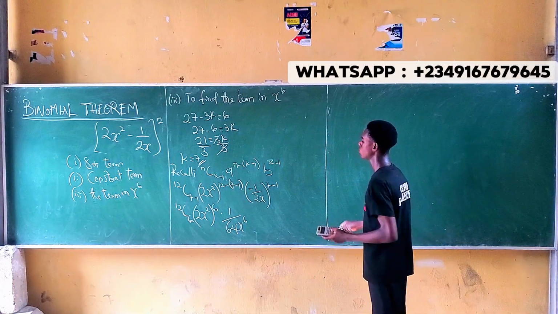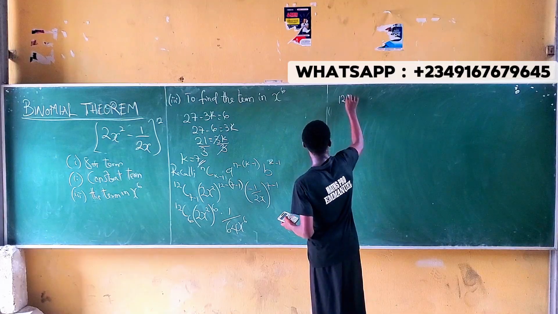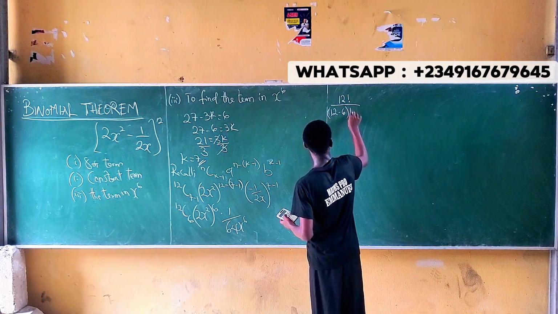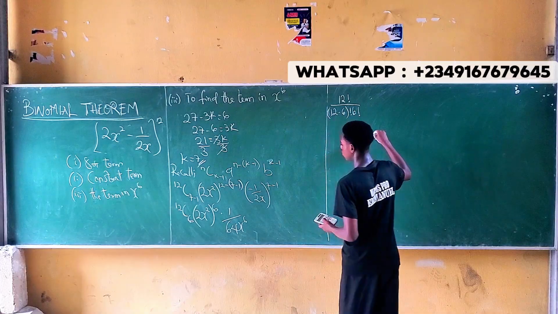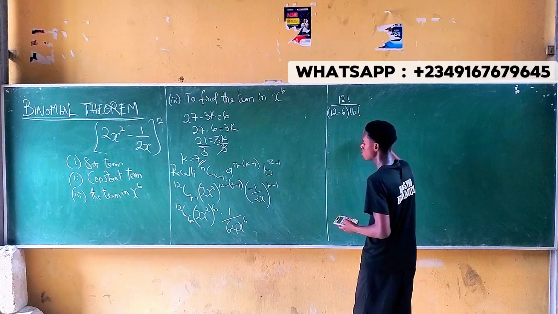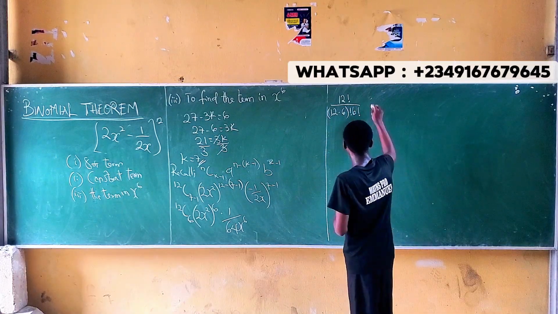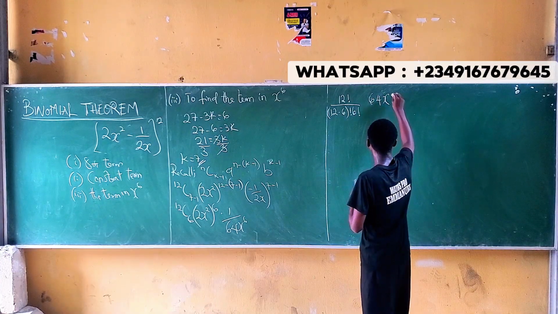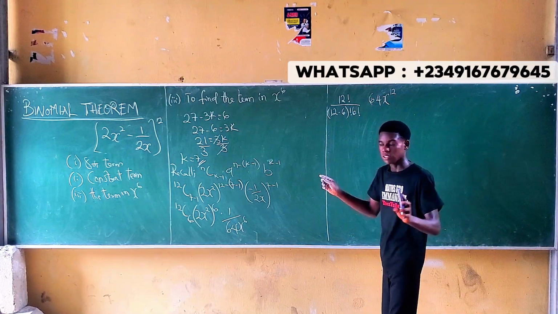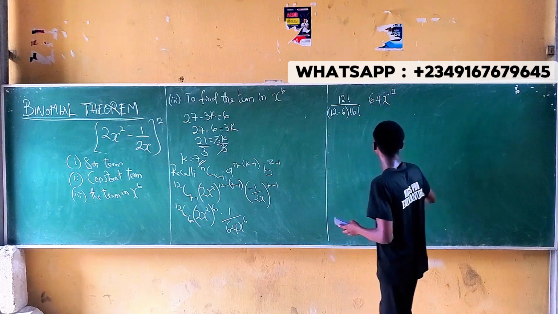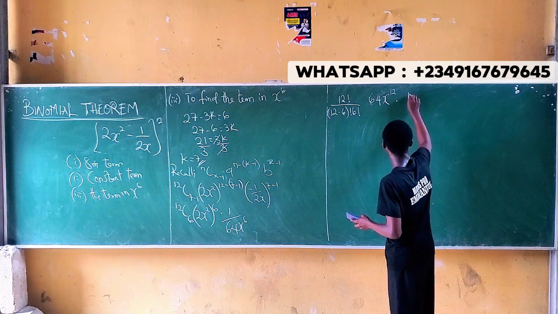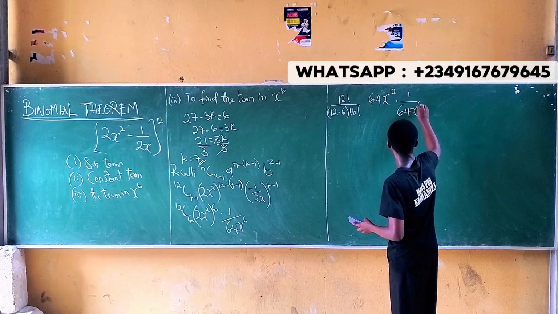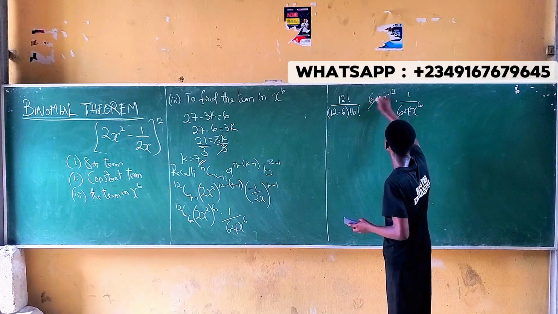Now 12 combination 6, my result is 12 factorial all over 12 minus 6 factorial, 6 factorial. This is now multiplied by 2 raised to the power of 6, which is 64, so I'll have 64x raised to the power of 2 times 6, which is 12. You understand how I got this? It's very simple. Now this is multiplied by 1 all over 64x raised to the power of 6. Now this can cancel this.